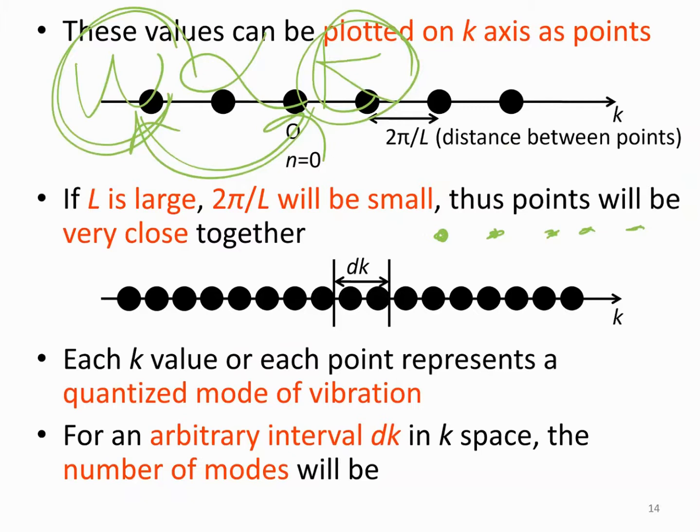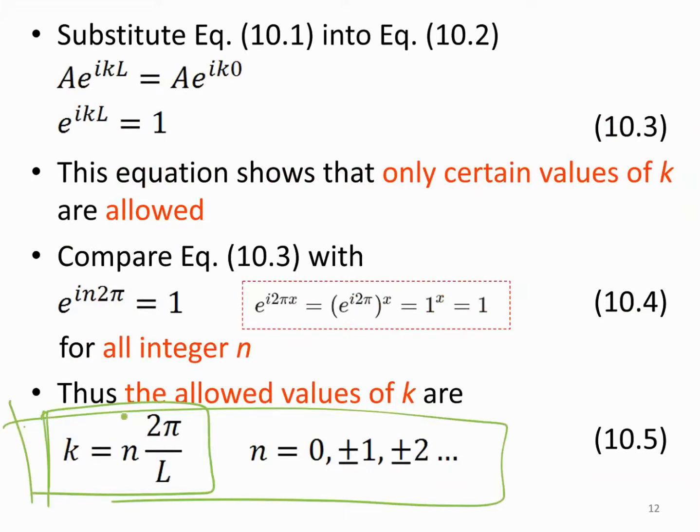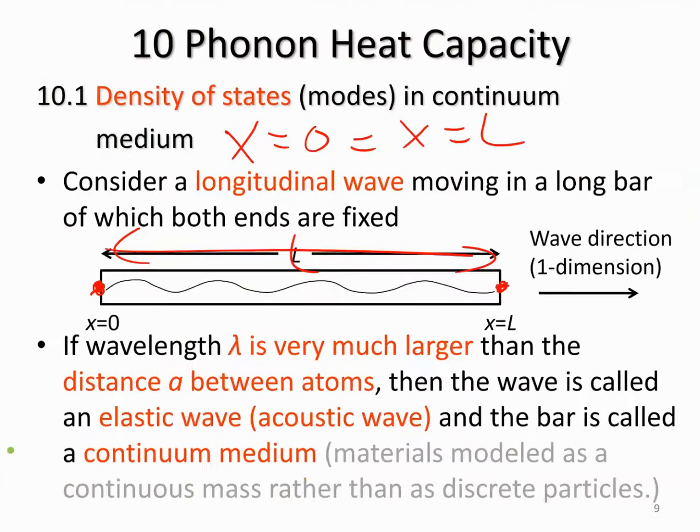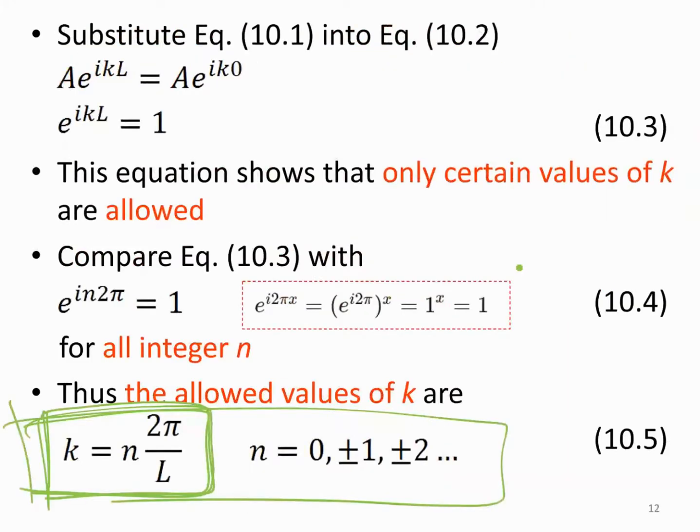So now, each lattice point can only vibrate with certain omega and certain k based on the equation that we obtained here. How do we obtain it? We assume that the state of x equal to 0 is exactly equivalent to the state when x equal to L. And then we solve the equation, and then we got A, blah blah, this one, then we get this one.